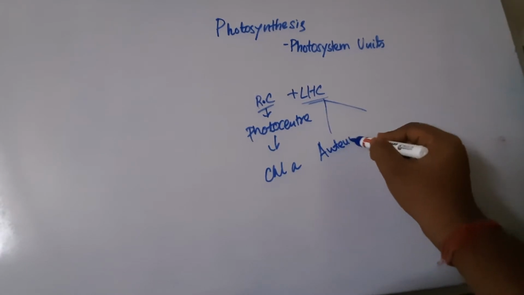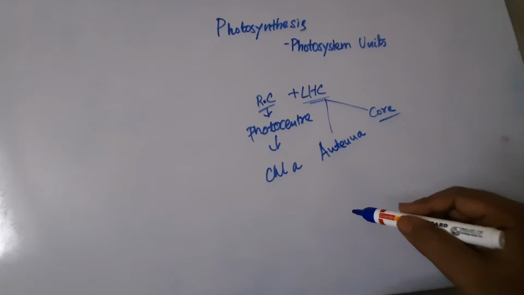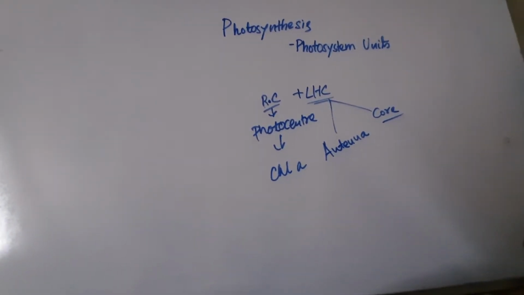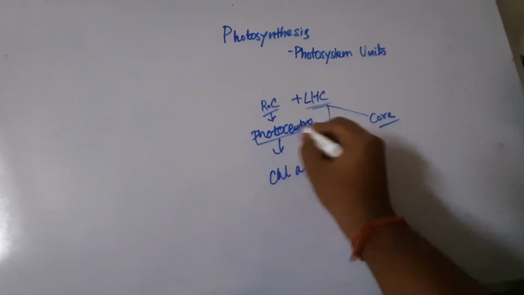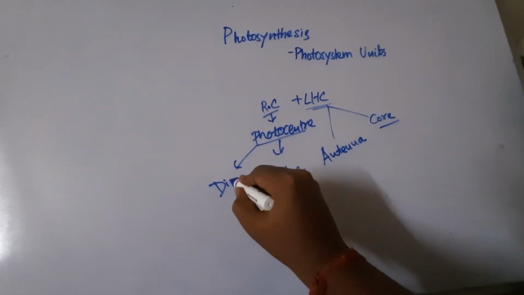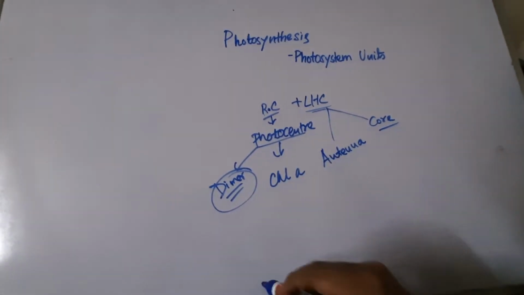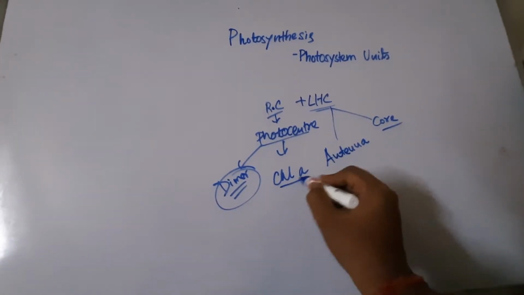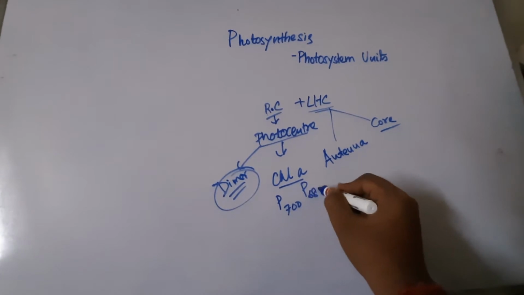One is the antenna molecule, another is the core molecule. Now you have to understand this part very well: what is the photocenter. This photocenter is actually a dimer. So this term, dimer, is important. It is always chlorophyll A. It can be P700 or P680.